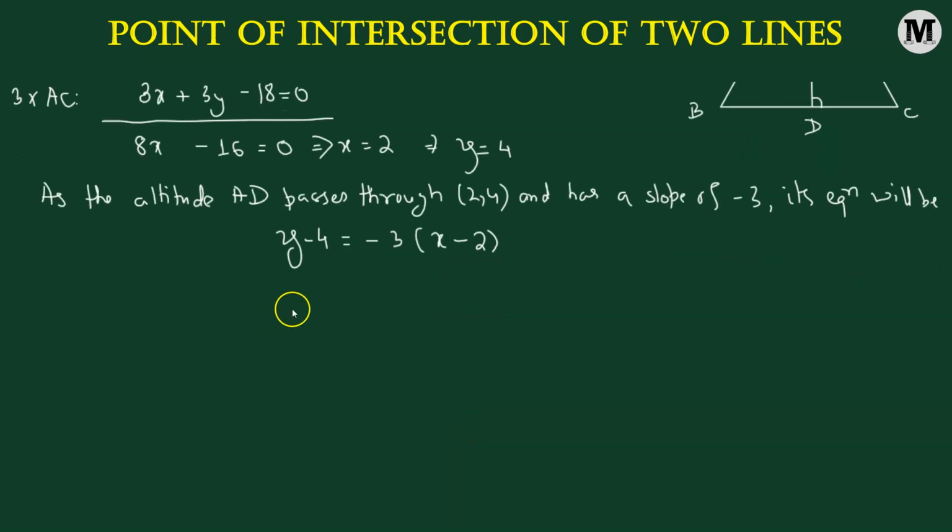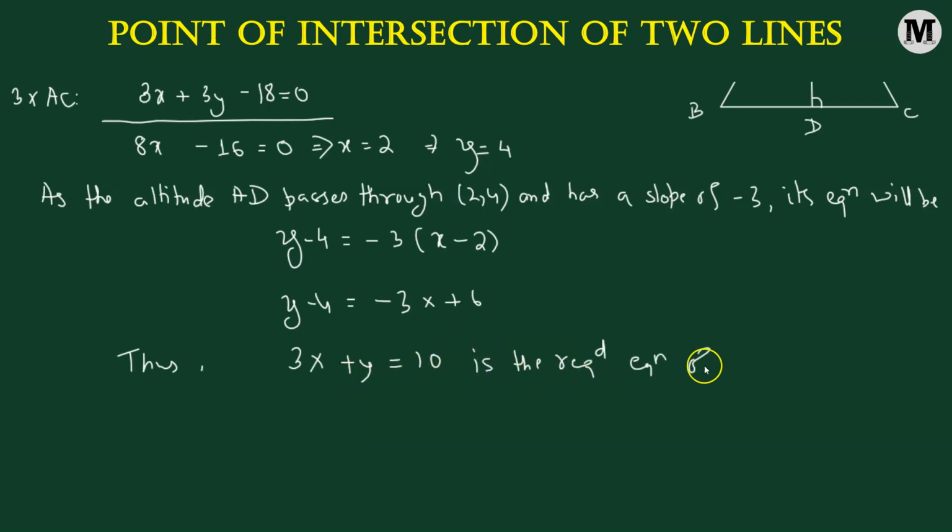Let's simplify this. We now have y minus 4 equals -3x plus 6. We get 3x plus y equals 10, and this is the required equation. So we can say 3x plus y equals 10 is the required equation of the altitude AD.